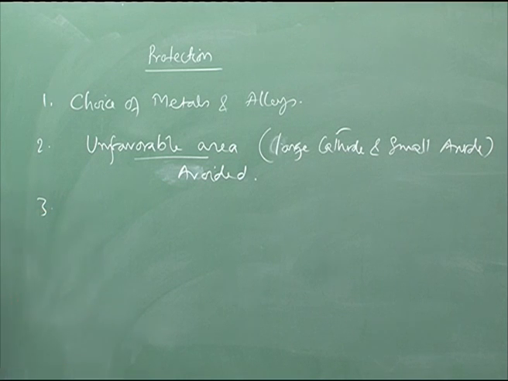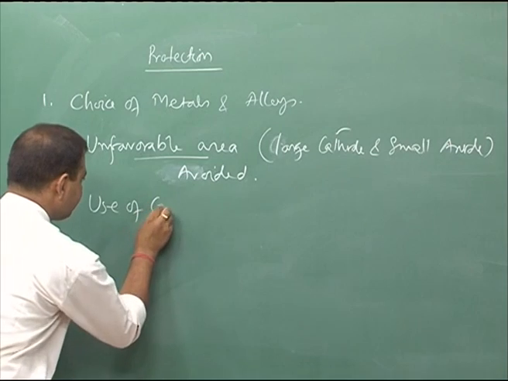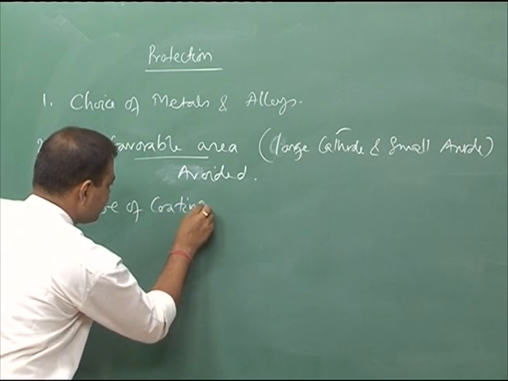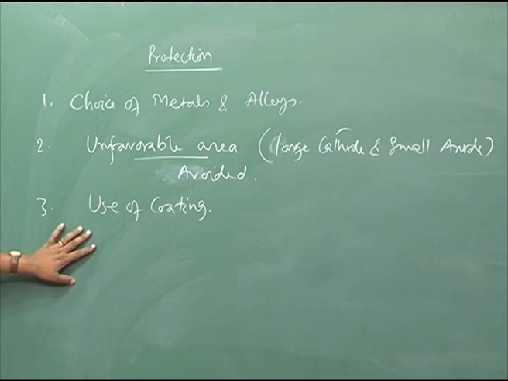Then third is use of coating. In the use of coating, if we simply coat the cathodic area, exposing the anode surface, we can have a very good protection.